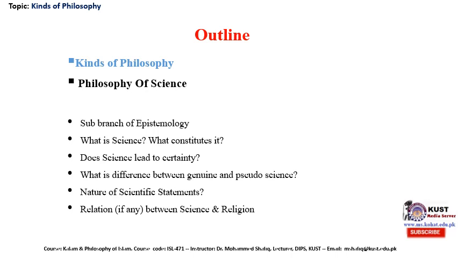What are the methods of science? What is the purpose of science? What are the goals of science? So generally speaking, the methodology science uses is observational in nature. The method of science is observation.